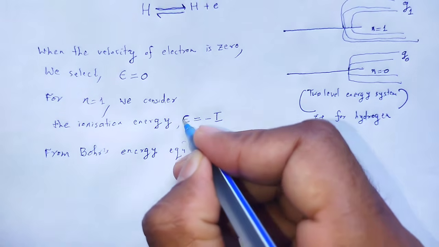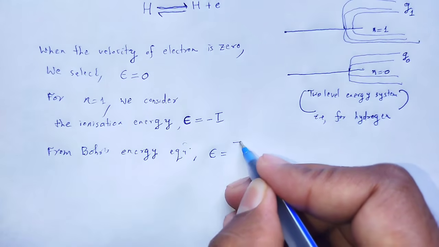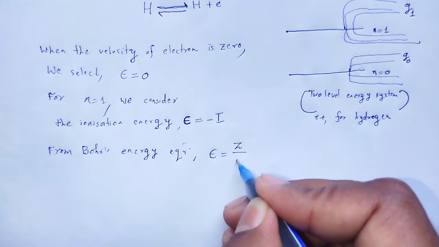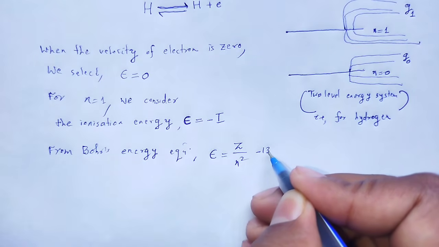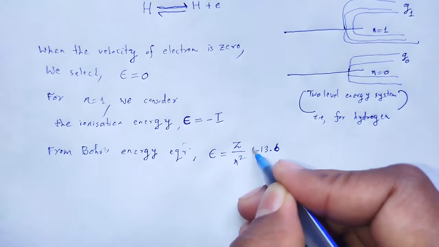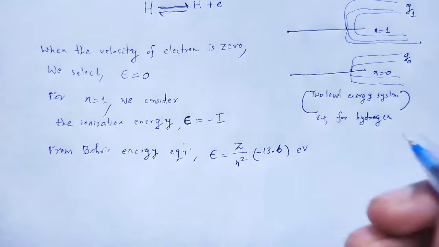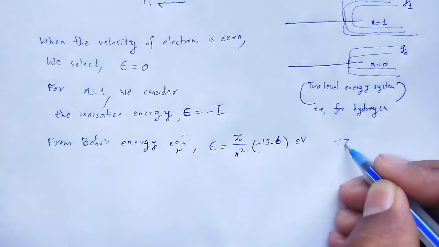From Bohr's energy equation, the ionization energy epsilon is equal to Z squared divided by n squared times minus 13.6 electron volt, where Z is the atomic number.